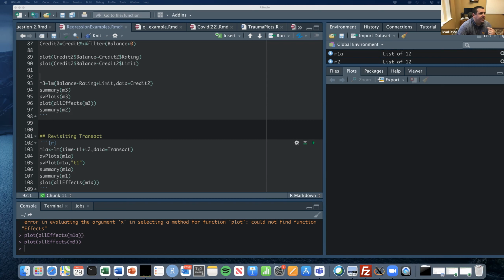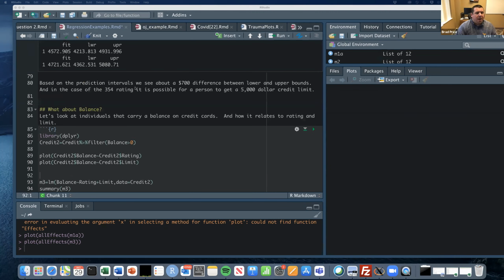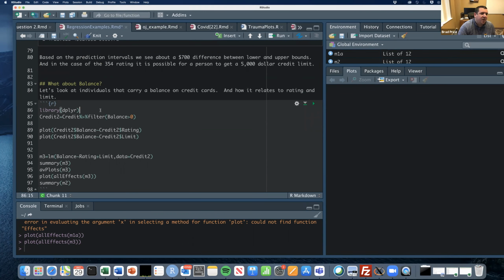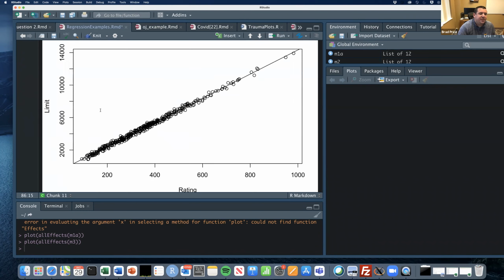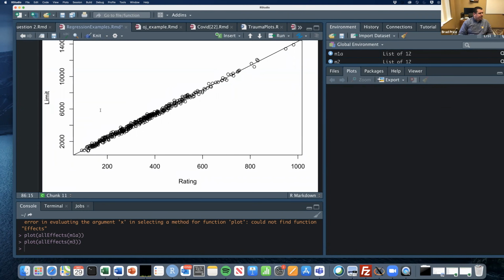We're solving problems. Now, I want to start where we left off in this example. Let me get my chat up here. All right. So we're going to go back to the credit data. Just to remind you what we did, we looked at the relationship between limit and rating, right?